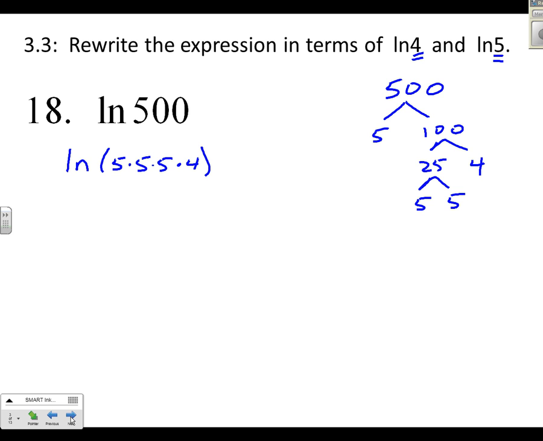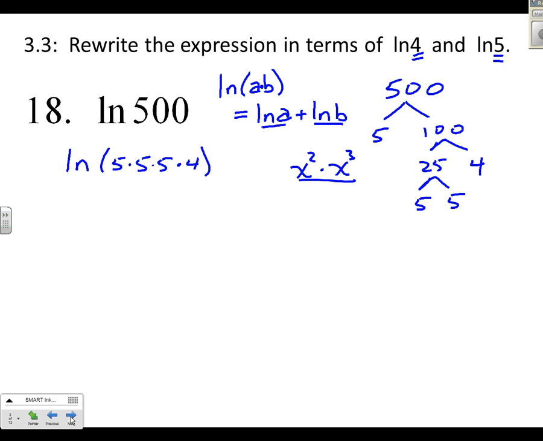Now, one of the properties of logarithms says if we have a logarithm of a product, say ab, we can write that as ln a plus ln b. This isn't a formal proof, but it has a lot to do with the fact that what we're ultimately doing here is adding exponents. When do we add exponents algebraically? If I had x to the second times x to the third, we add exponents: a multiplication turns into adding the exponents, x to the 2 plus 3.